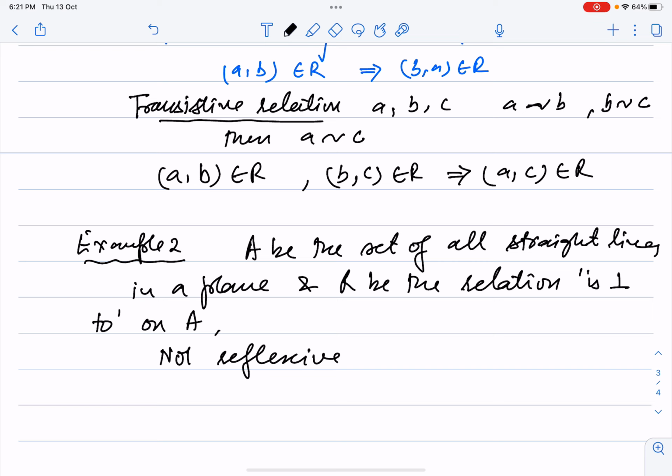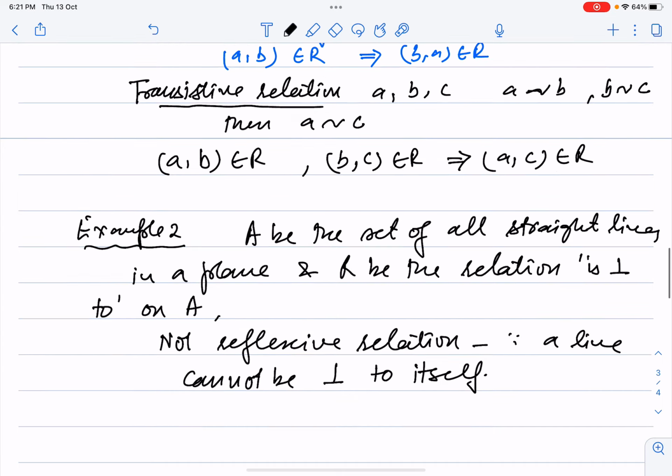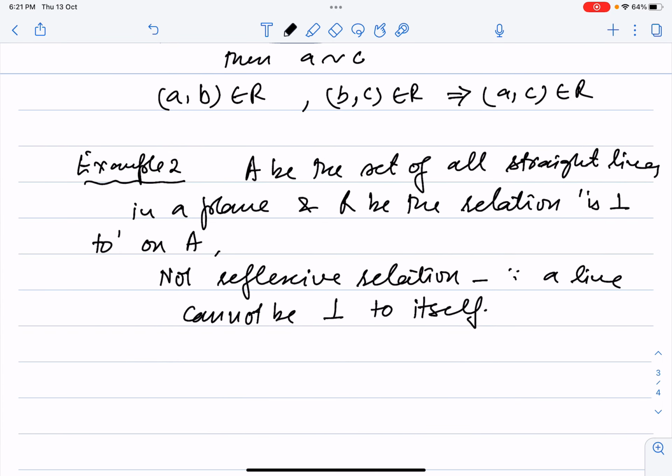reflexive relation. Why not a reflexive relation? Because a line cannot be perpendicular to itself, right? So it is not a reflexive relation. Now, is it a symmetric relation?